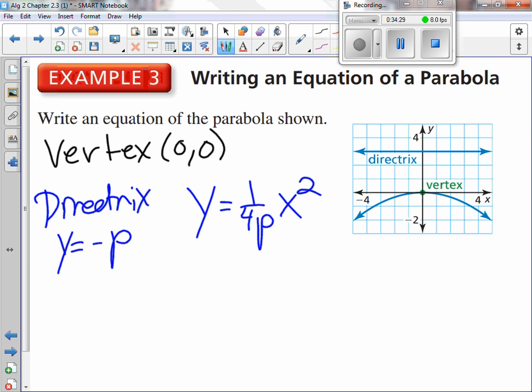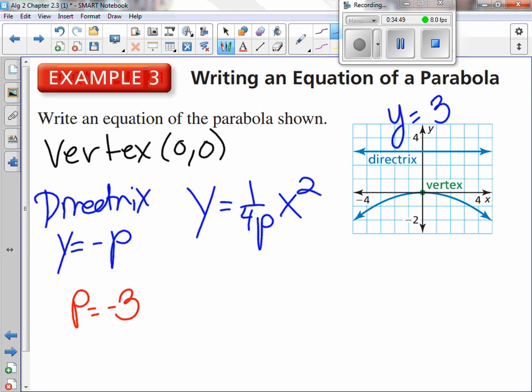Well, what is this here? This is y equals positive 3, because it's crossing at the 3, yes? Y equals negative p.